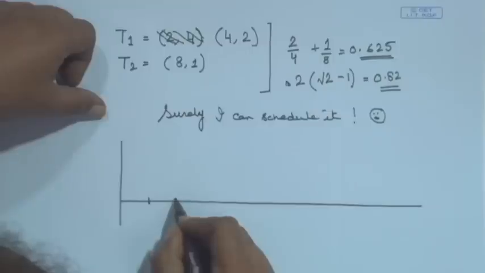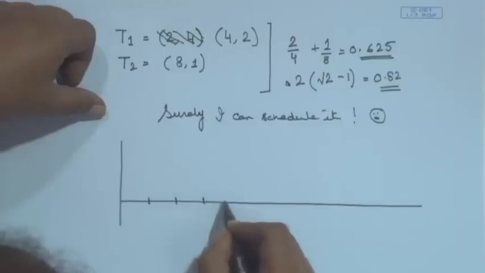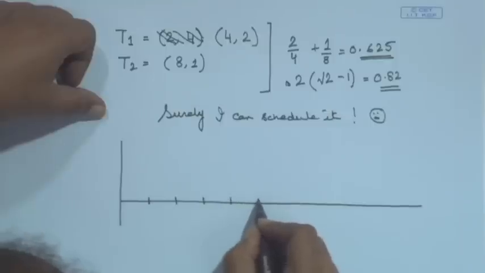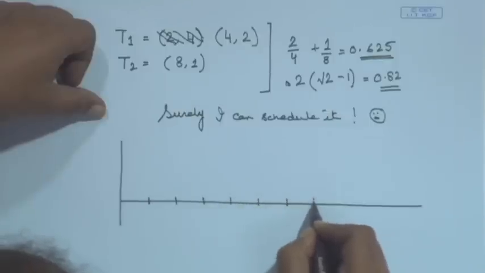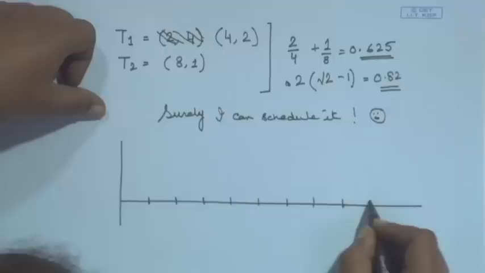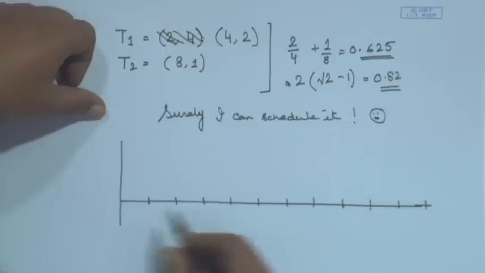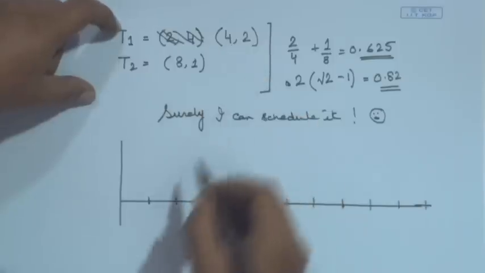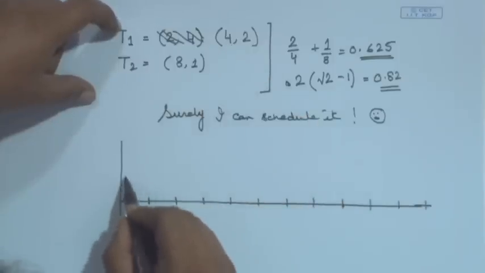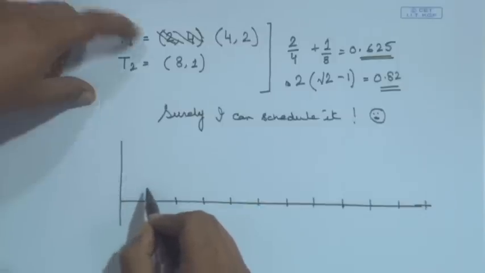Say this is 1, this is 2, this is 3, this is 4, 5, 6, 7, 8. So, first T1 will take place. So, T1 will take 2 units.